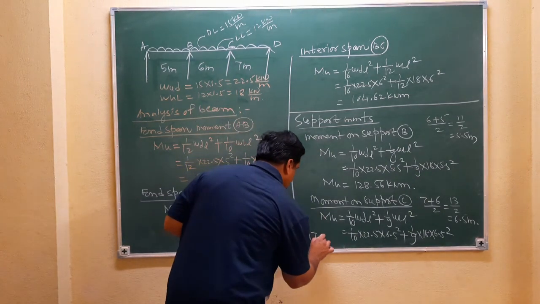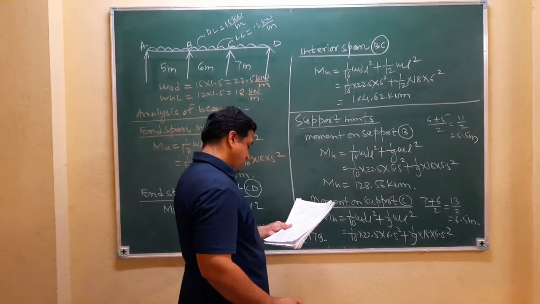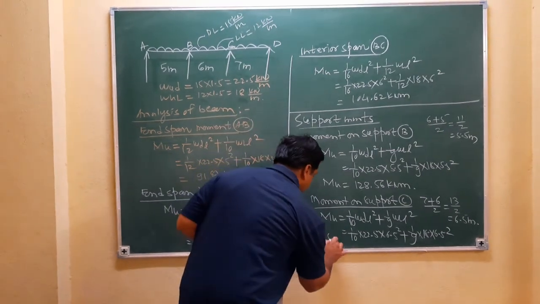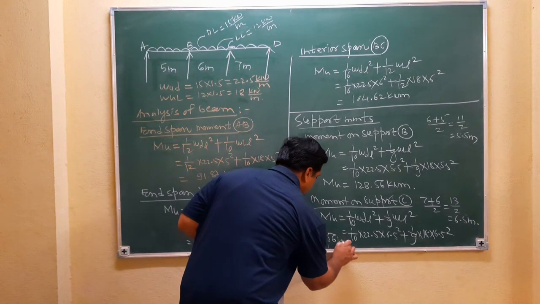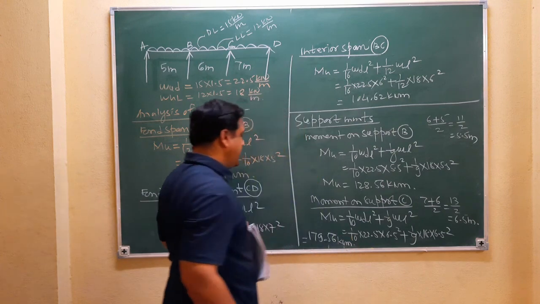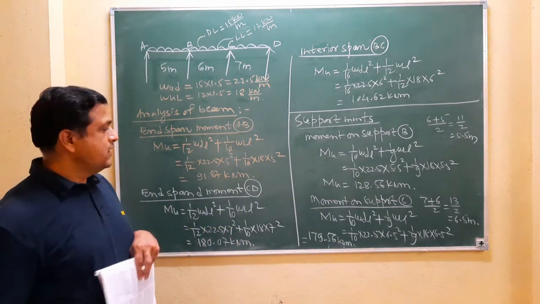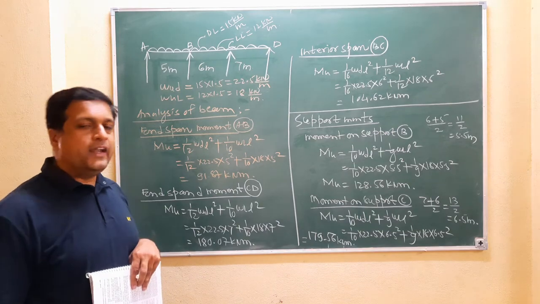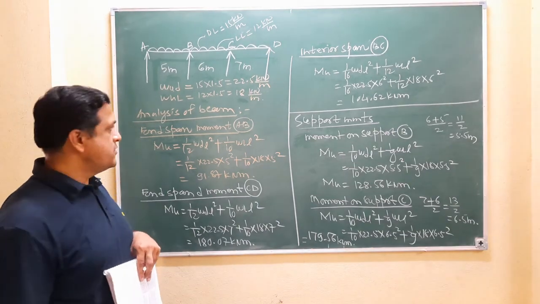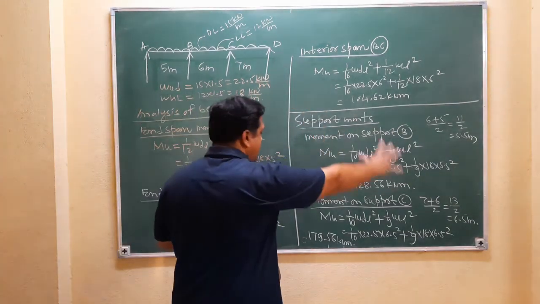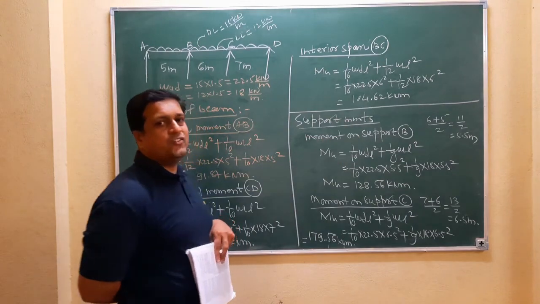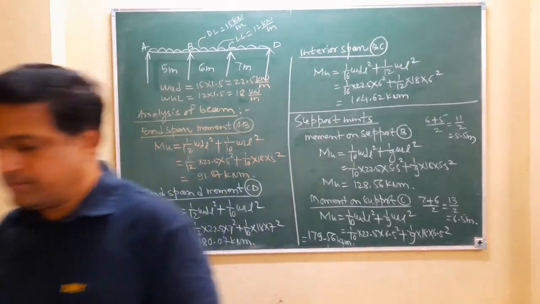It is 179.56. So this is the bending moment at next to end support C. So this is the analysis you have to do before design.